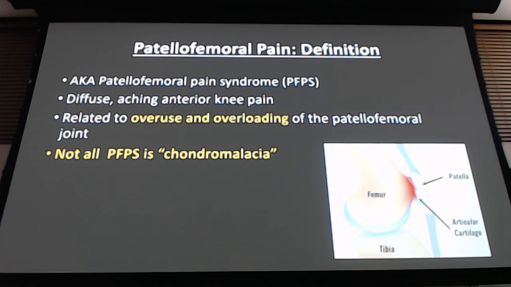Mal means bad, back to my Spanish. And acia, I don't know. So basically there are dings and cartilage defects on the undersurface of the patella. You don't have those with young people, correct? Those are older people, more of the arthritis picture. We all agree with that. So you're never going to equate PFPS with chondromalacia.